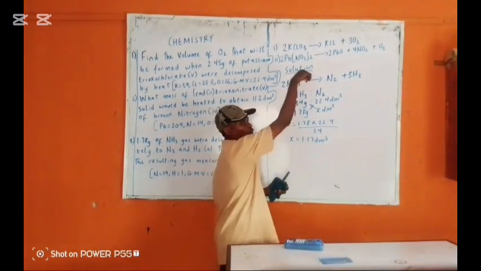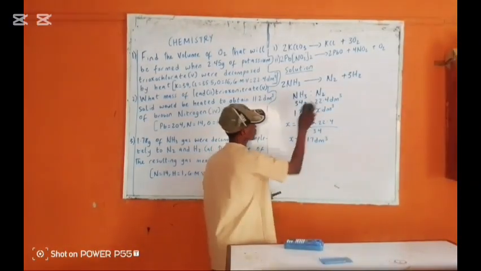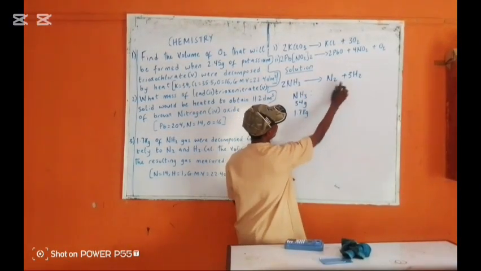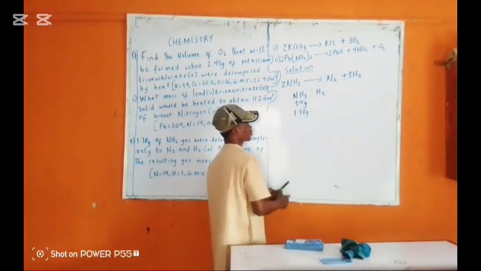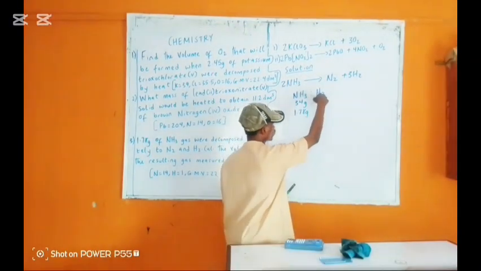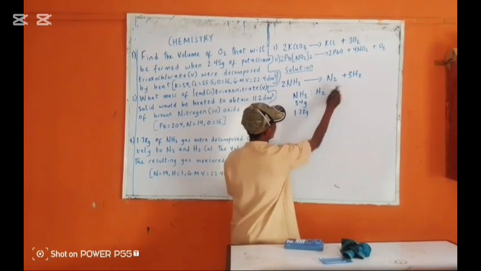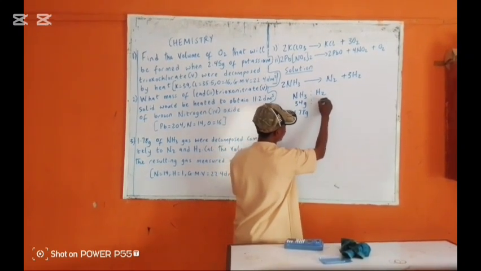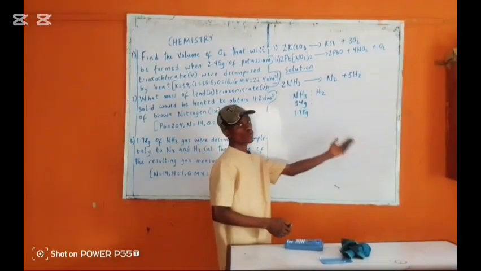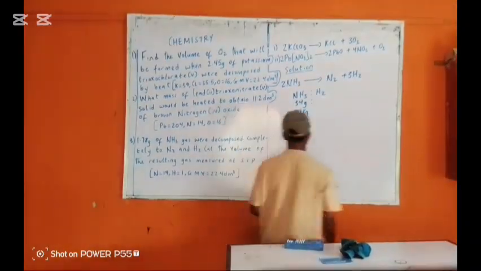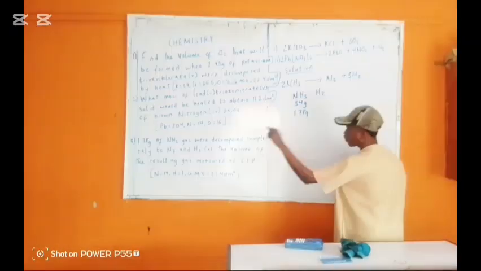Now, for hydrogen, here also we have moles, and the moles will be converted to volume, because the question says to calculate the volume of the resulting gas.